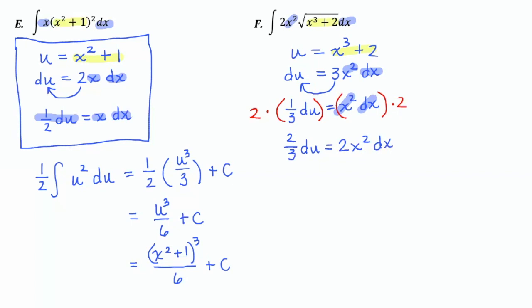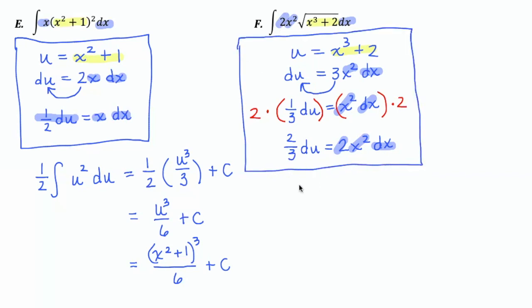And now when I go through and check my matching parts, I've got dx, dx, x squared, 2, and 2. So this is the correct u-substitution. I'm going to go ahead and rewrite my original integral because it had a radical.